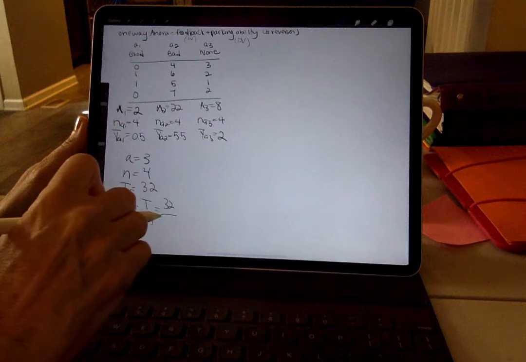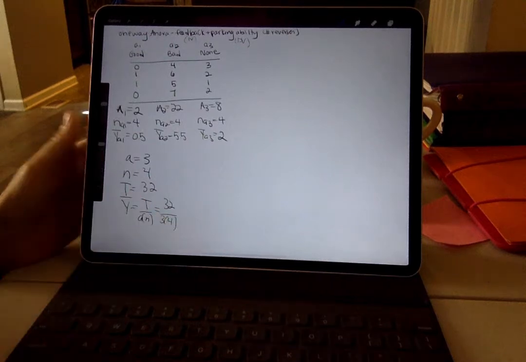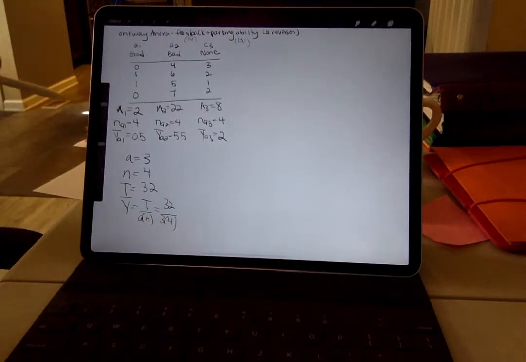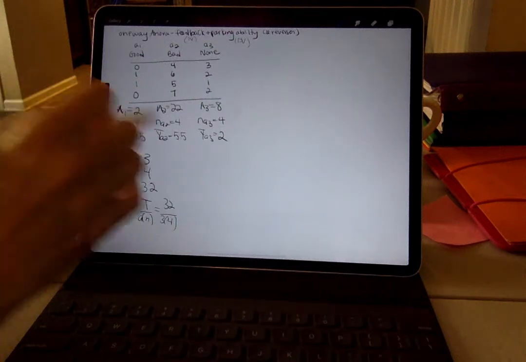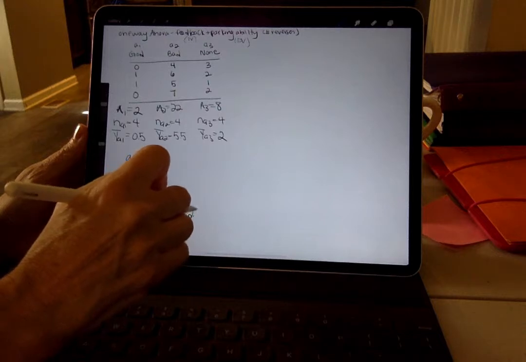So that's 32 divided by 3 times 4. 32 divided by 12 is 2.67. So our y bar T is 2.67.